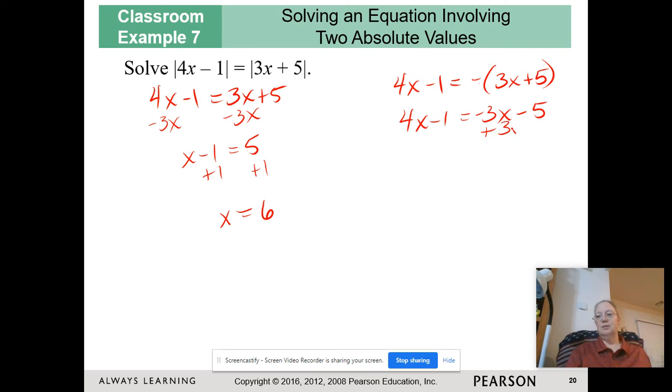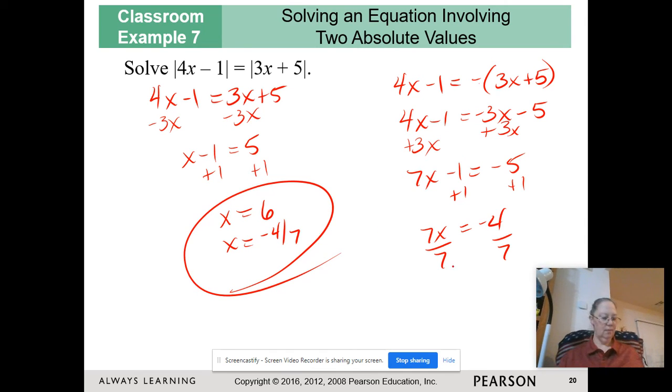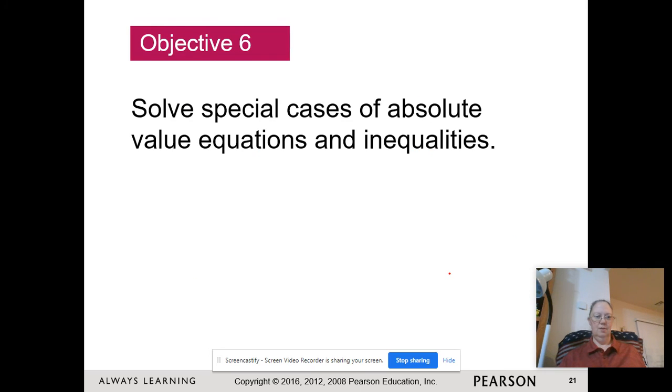Add 3x. Add 1. And divide by 7. All right.